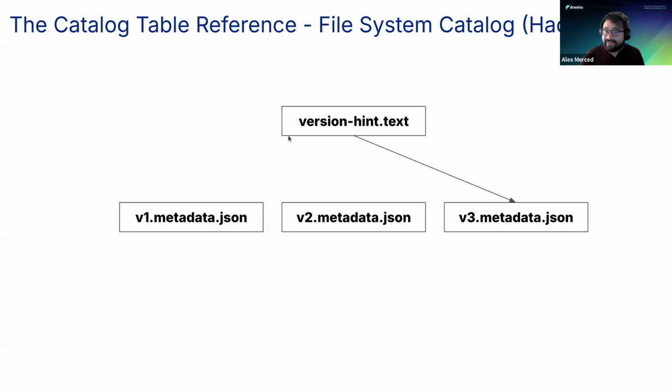Now, the problem is this file does have to be updated. Typically in Iceberg and in all these formats, you try not to edit files. You try not to update files. You try to always write new files. This way you run into fewer issues with concurrency and a couple of other benefits. It also makes it easier to reproduce historical states. But with version-hint.txt, since that's the file it refers to in order to figure out the right metadata.json, the file location in this file has to be updated.